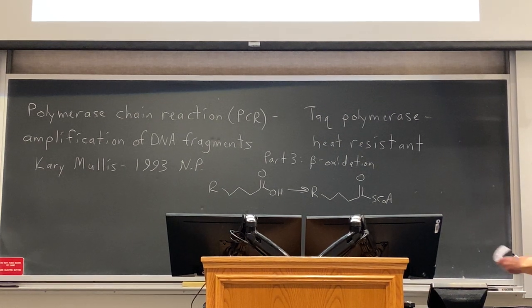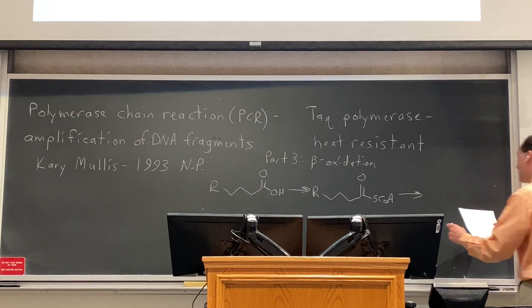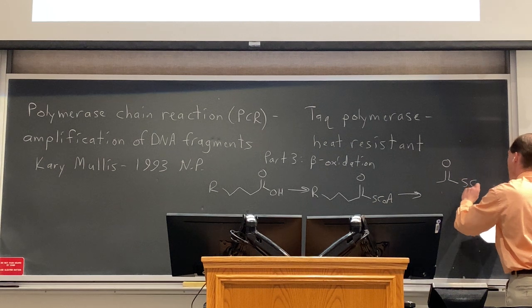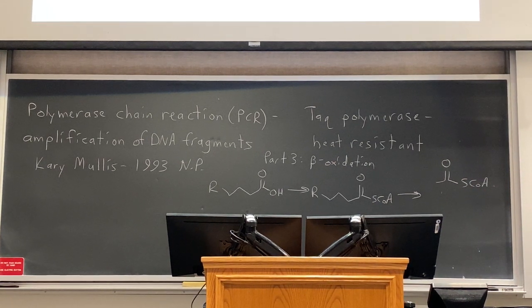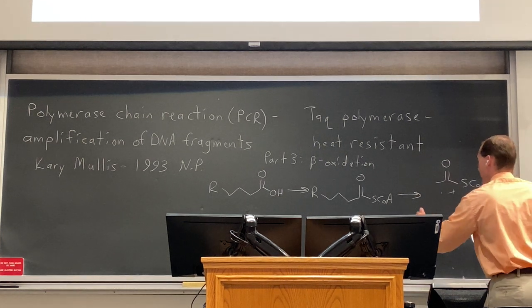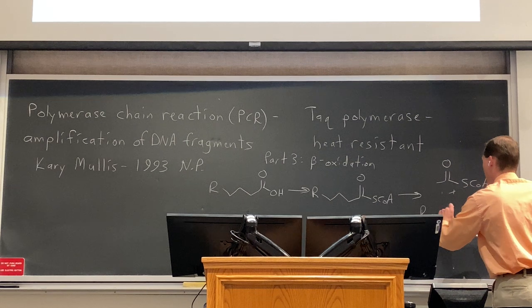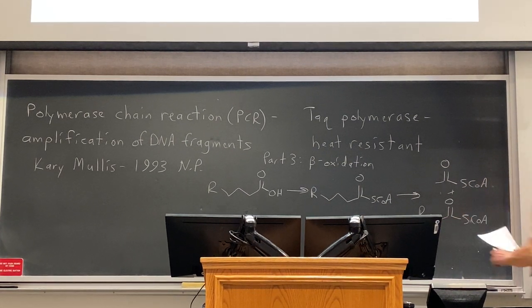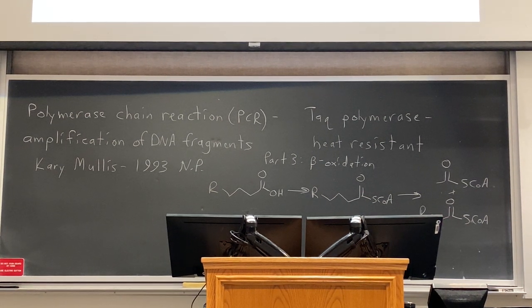And then that thioester of coenzyme A is going to be chopped up to give acetyl coenzyme A. So we're going to chop off 2 carbons, acetyl coenzyme A, and then we're going to get a fatty acid thioester with 2 fewer carbons. Okay, we've chopped out 2 carbons from this to give that.